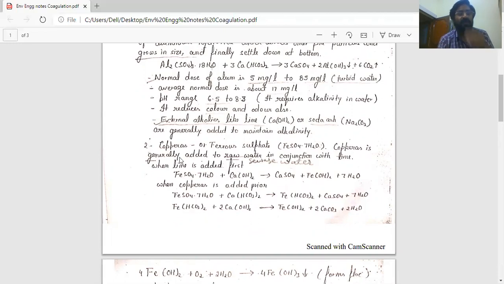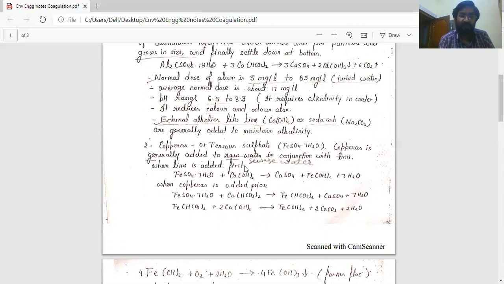The second coagulant is copperas or ferrous sulfate, FeSO4·7H2O. Copperas is generally added to raw water, meaning untreated water, and also to sewage water in conjunction with lime.